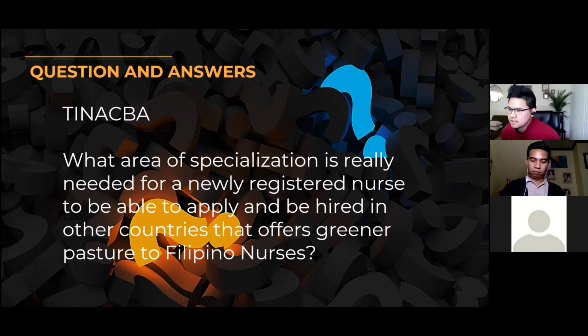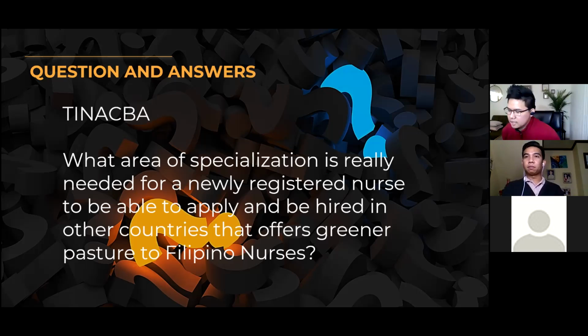Okay, specializations in other countries. Most countries like Germany, the UK, and the US prefer nurses with ICU experience.